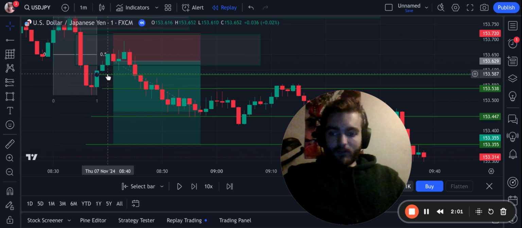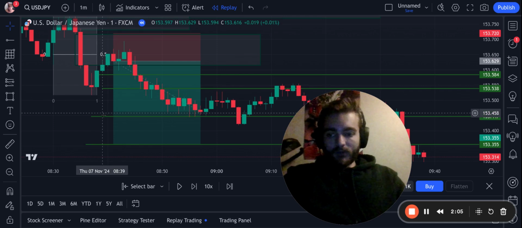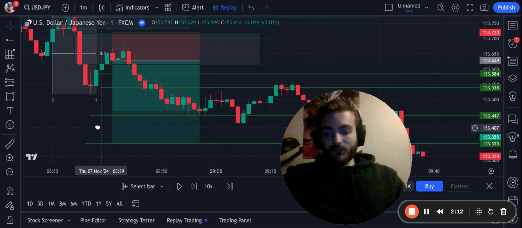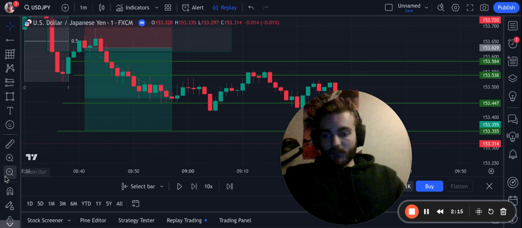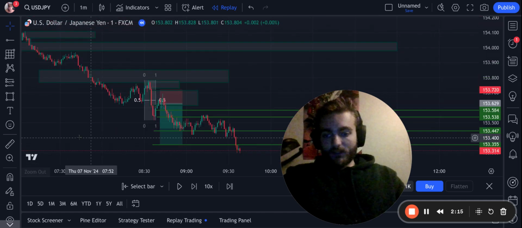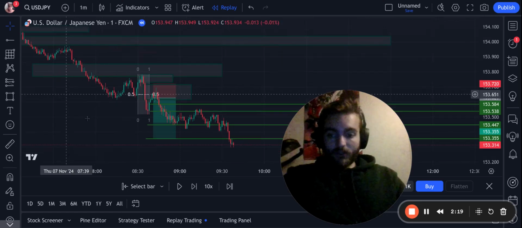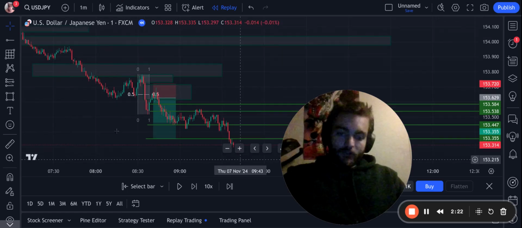I put my first take profit at 0.5, my second take profit at 1, my third take profit at 2, and my final take profit at 3 risk to reward ratio. So it's a 1 to 3 RR trade, which is pretty solid, and that's what I shoot for every trade in the future, obviously leaving runners after the risk free.